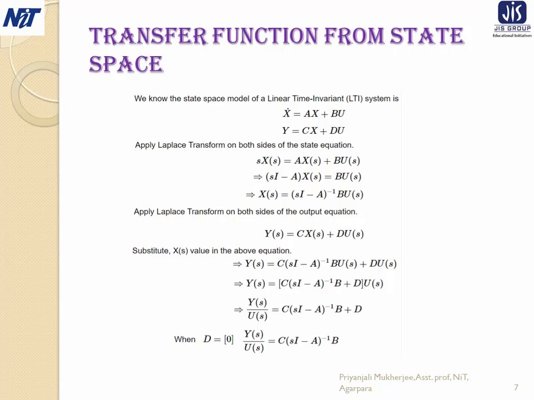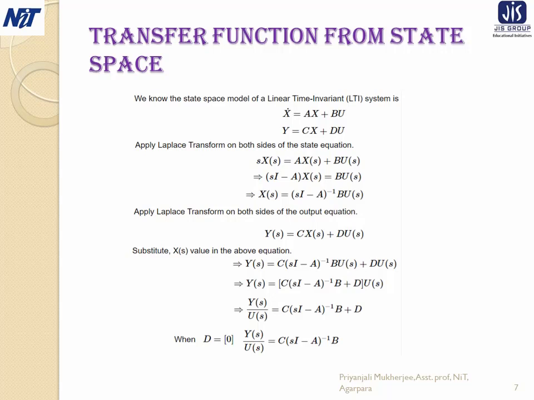So first consider the state equation x dot equal to Ax plus Bu. It is a time domain equation. After applying the Laplace transform to this equation, we get s times X(s) equal to A times X(s), the Laplace of x becoming X(s), plus B times U(s). Or we can take X as common. Now s is the operator and A is a matrix, so we have to multiply the identity matrix to perform this subtraction.